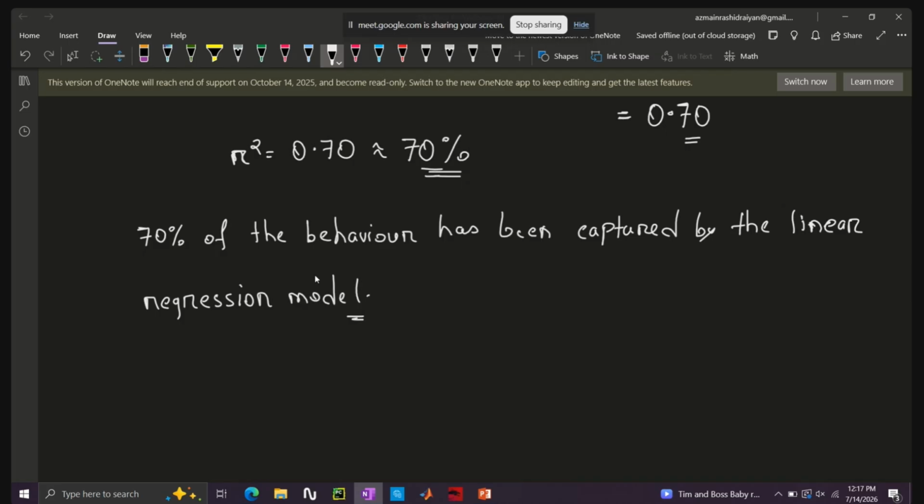As we are working on linear regression models, if our coefficient of determination is 0.70, 70% of the behavior has been captured by the linear regression model.